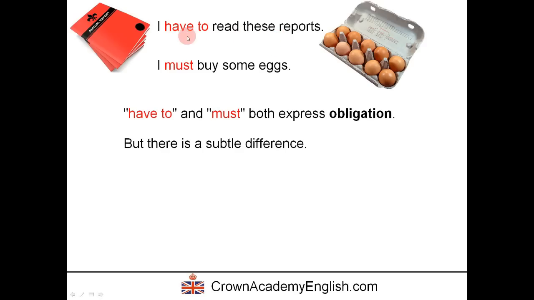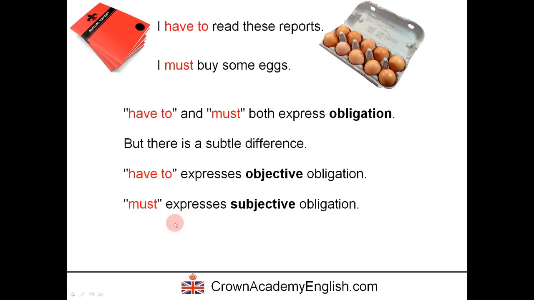So the obligation of this is different to the obligation of this. Have to expresses objective obligation, and must expresses something that we call subjective obligation. So what does this mean? Well, watch this lesson to learn the difference. I'm going to explain each of these in more detail and explain the difference.